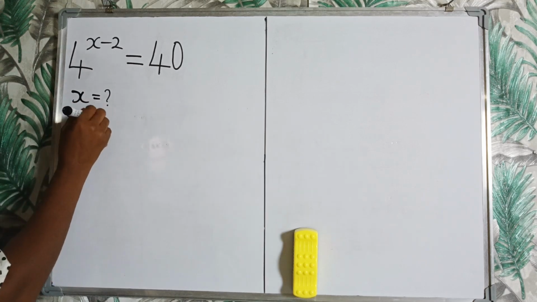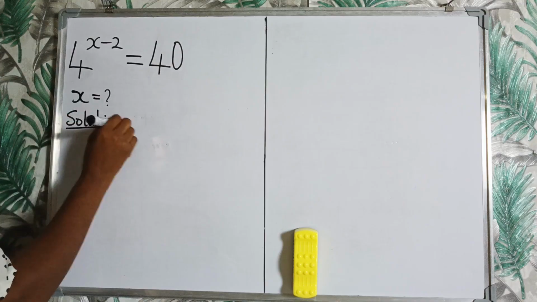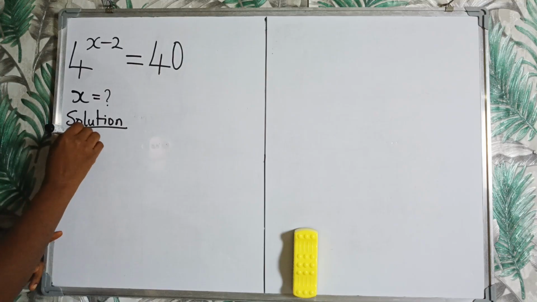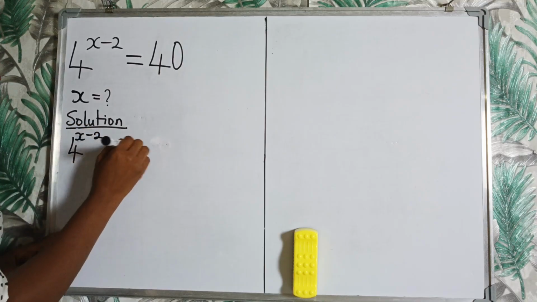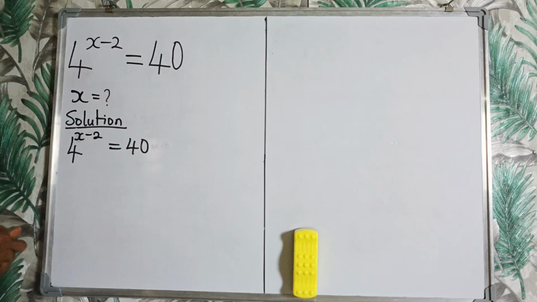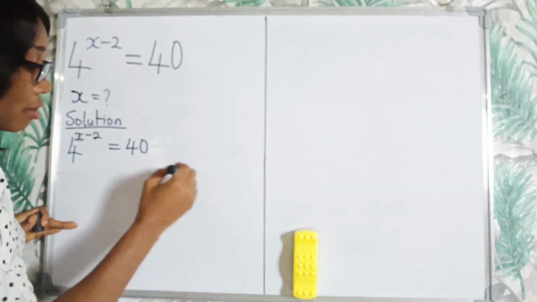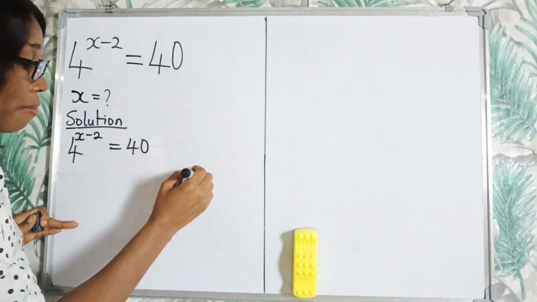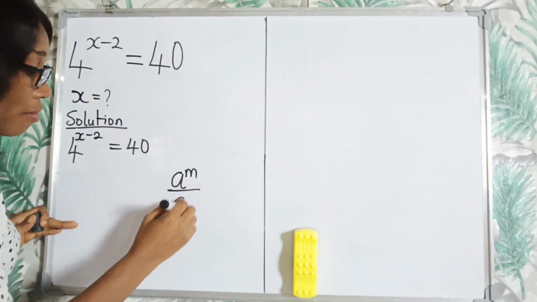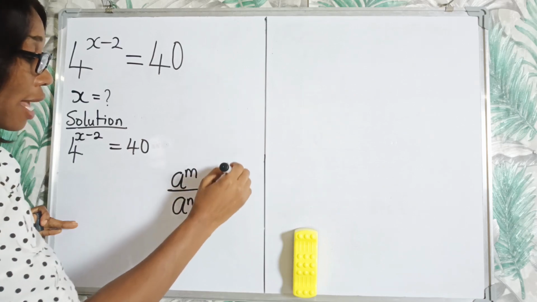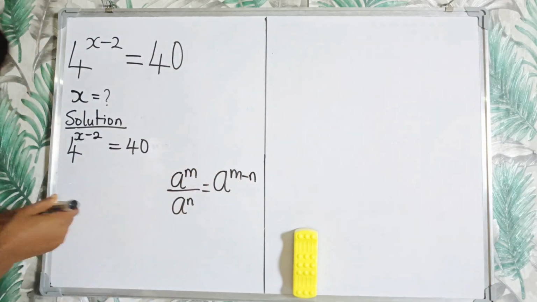So we'll bring our question down here again. 4 raised to power x minus 2 is equal to 40. Now, remember our law of indices, that for every a raised to the power of m divided by a raised to power n, this is equal to a raised to power m minus n.